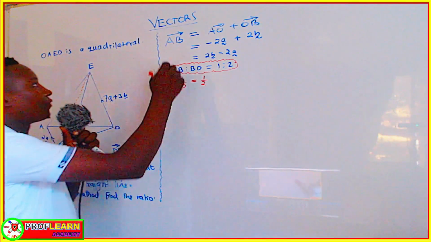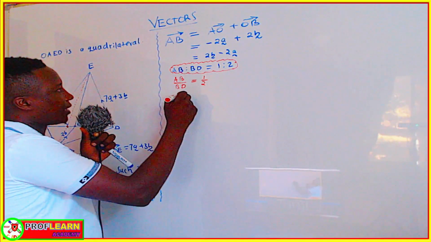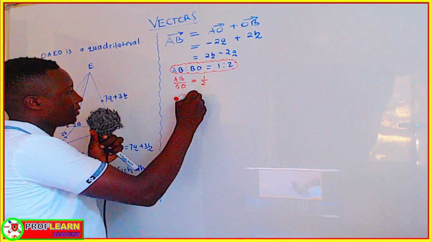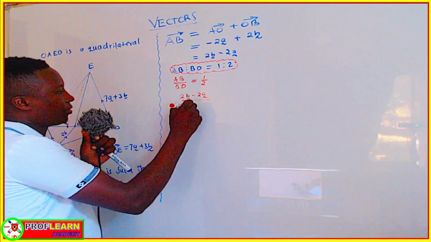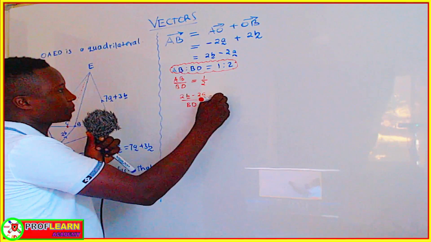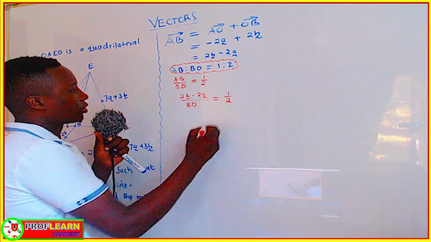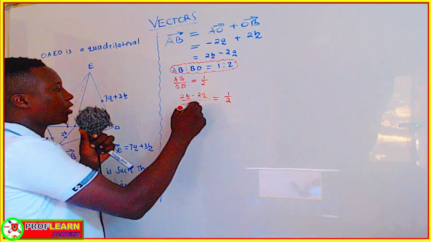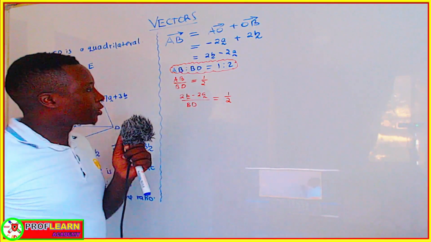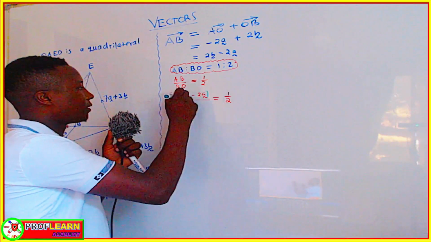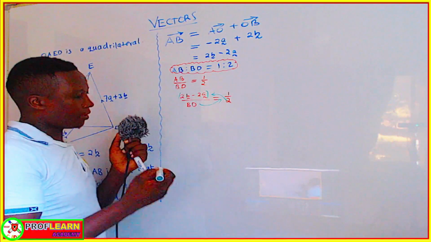And we have our AB, so we can write this as 2 vector B minus 2 vector A over BD, which we don't know, is going to be 1/2. So to find BD, we do what we call cross multiplication. This one will be multiplied here and we multiply 2 by BD on the other side.